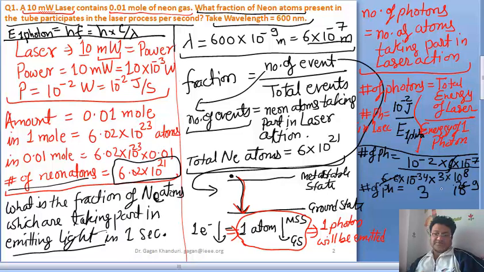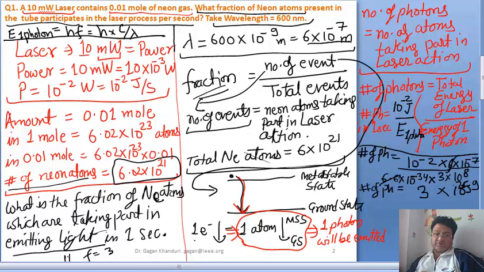So the number of photons is about 3, but then it has to be 25.